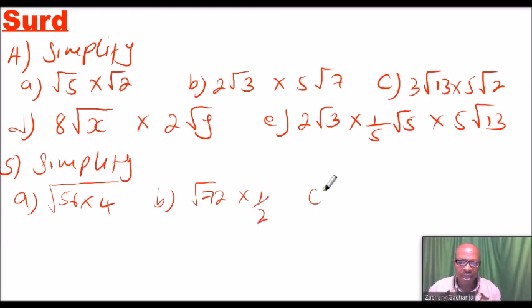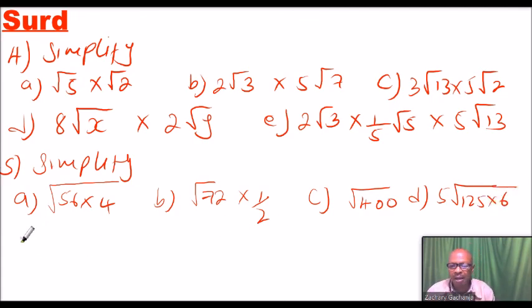We have C, we are supposed to get root 400. Let's put our D here: 5 root 125 multiplied by 6. Then we have E, root 625 multiplied by 9.